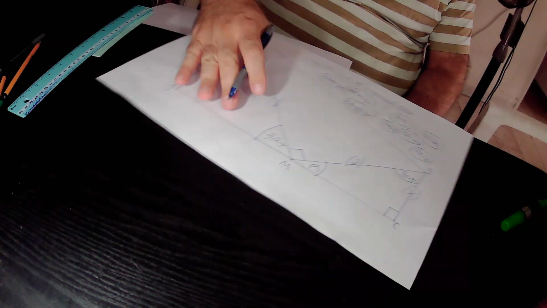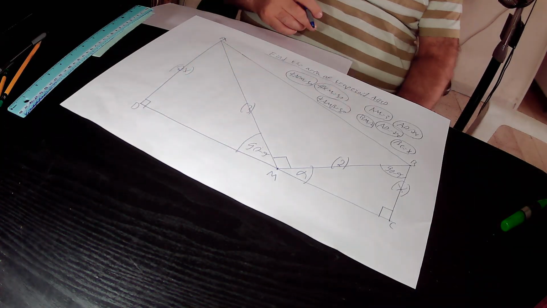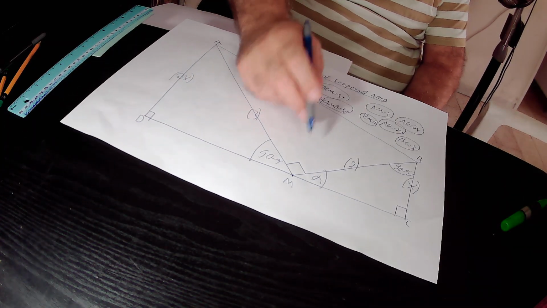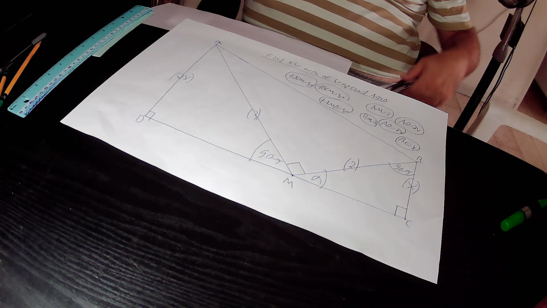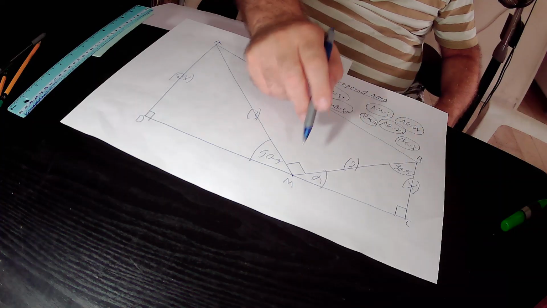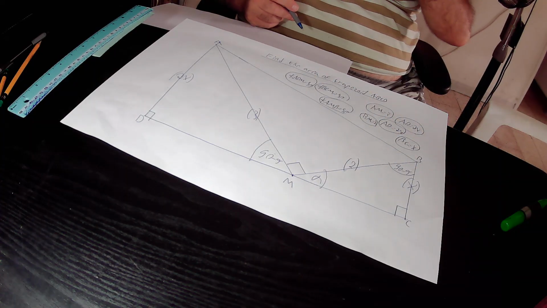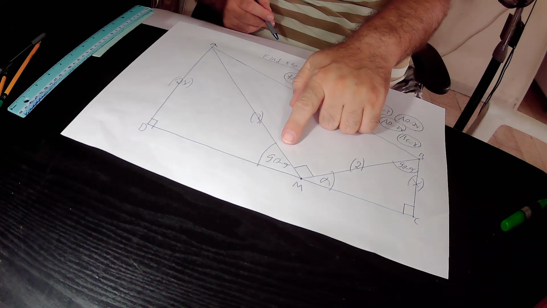Why? Because 90 degrees minus alpha plus alpha is 90 degrees, and 90 degrees plus 90 degrees is equal to 180 degrees. That is the sum of the angles on the upper side of the straight line DC at point M, exactly according to rule 3. So this missing angle must be equal to 90 degrees minus alpha.